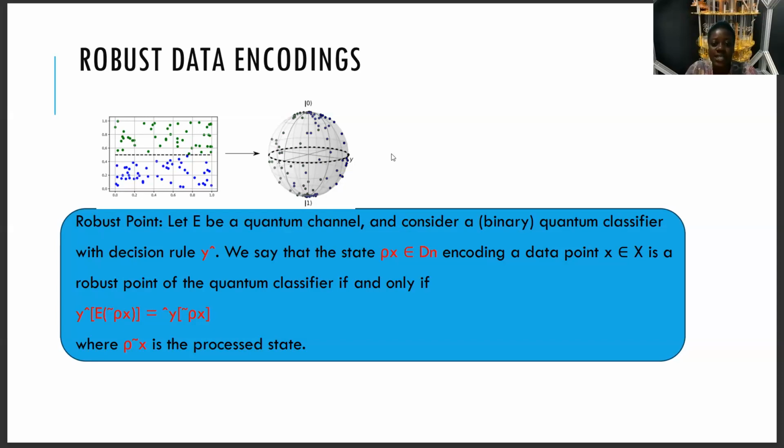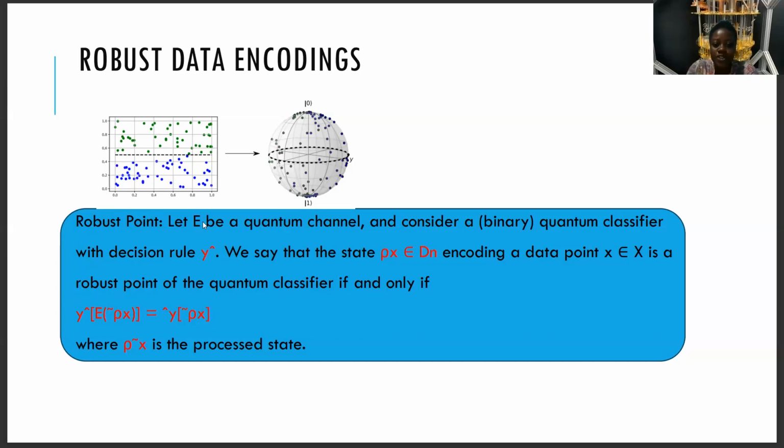If you have a coin and you spin it, a coin normally has a head and tail. But when the coin is spinning, you cannot really tell whether it will land a head or a tail. We have both outcomes as possible outcomes. In that same way, we look at data in a quantum state in this kind of format. So let me read what is down here.